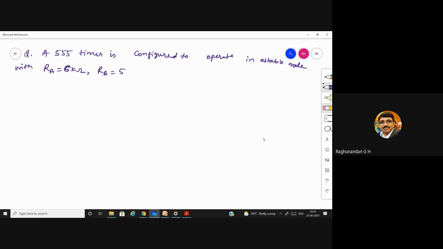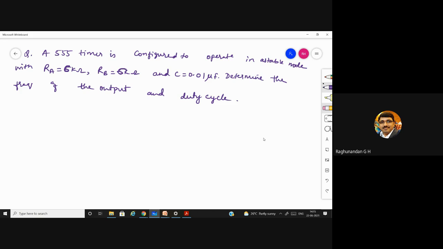This is 6 kilo ohm and this is also 6 kilo ohm, and C is equal to 0.01 microfarad. Determine the frequency of the output and duty cycle. So this is the question which has been given.